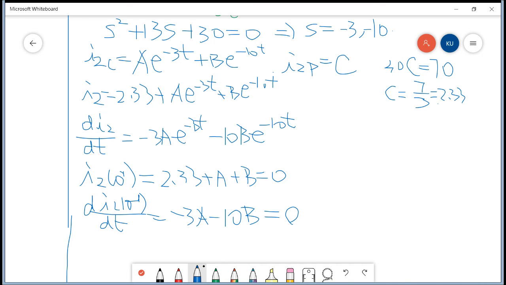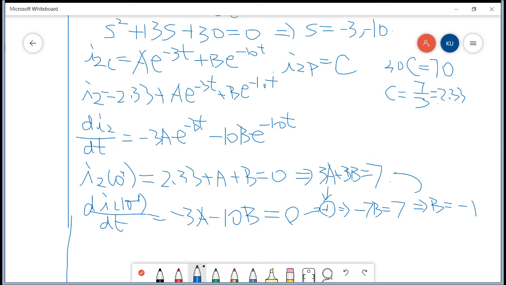So in this case, we can multiply this one by 3. So we have 3a plus 3b, which will be 7. And then we add them together. Then we will have minus 7b to be 7, which means b is minus 1.